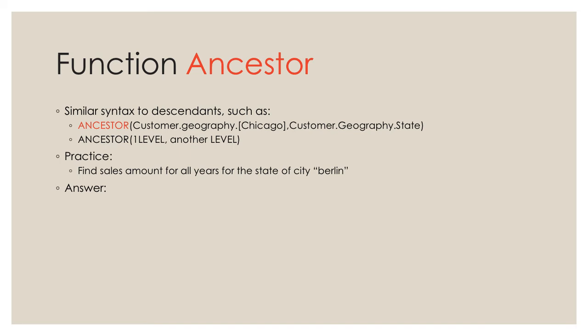To help you understand it more, I said this is ancestor one level and another level. But I think the best way for us to understand it is by practicing. So the practice here is find sales amount for all years for the state of city Berlin.